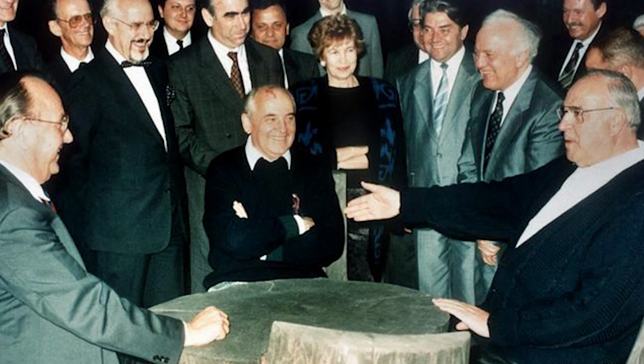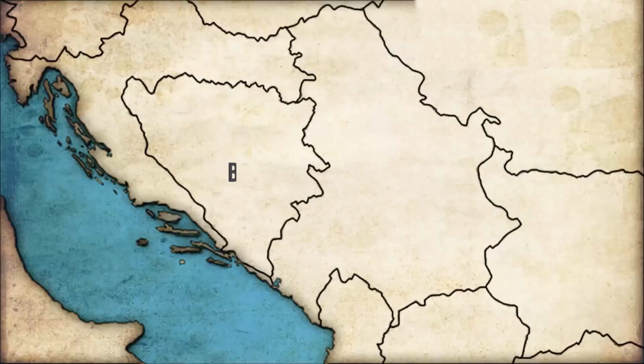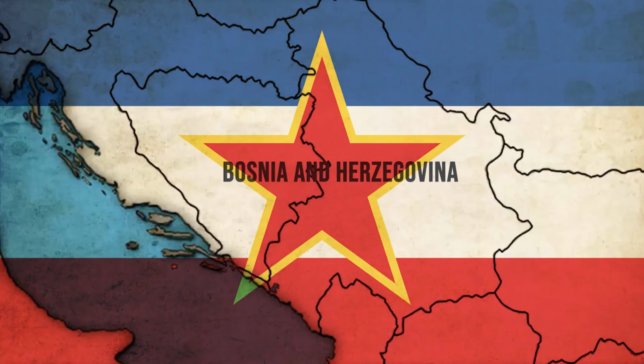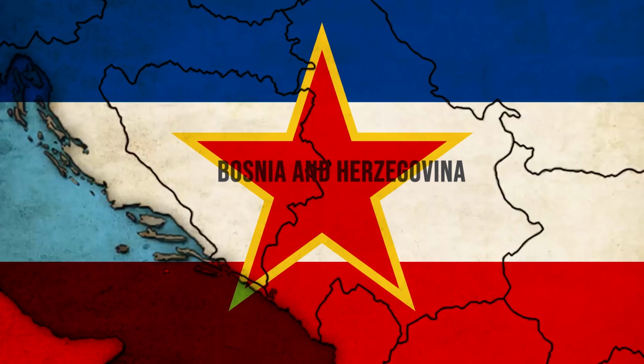He urged national governments and the EU to support their objectives, and even traveled to Belgrade to pressure the federal government to not employ military force, and threatened them with sanctions if they did. As a result of his efforts, Germany, against the advice of the European Community, recognized the independence of Slovenia and Croatia.